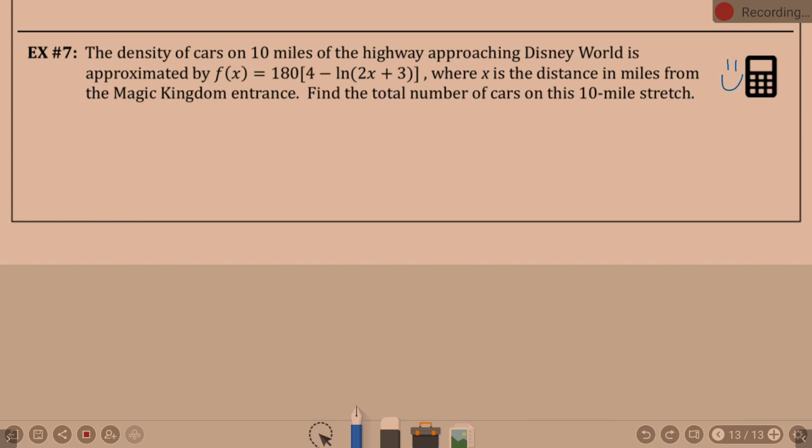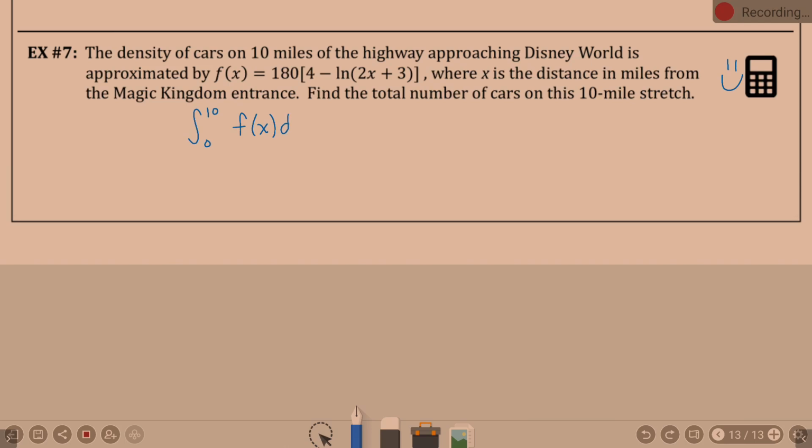The answer from 1 to 10? Almost. 0 to 10, because we're not going to end 1 mile from the entrance. We're going to end at the entrance. Yep. That is it. The integral from 0 to 10. So here's the deal.